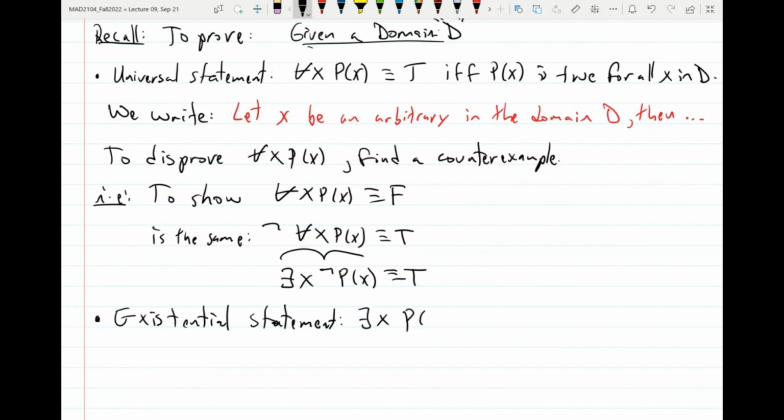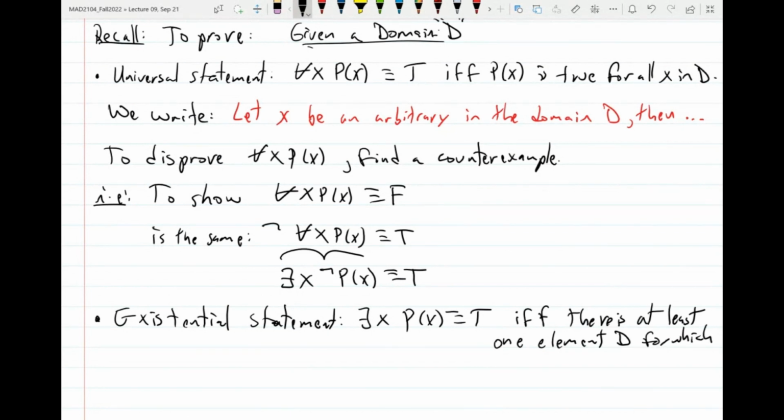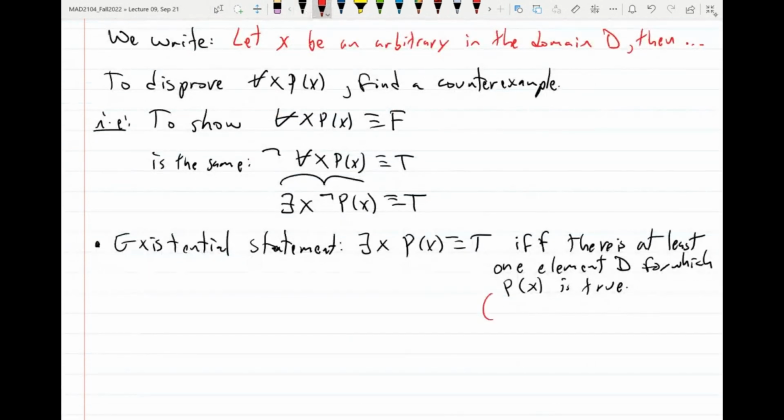If you have that there exists x such that P of x, this is true if and only if there is at least one element in D for which P of x is true. It could be more, but there must be at least one. Okay, so find an example. That's all you have to do. Find an example.